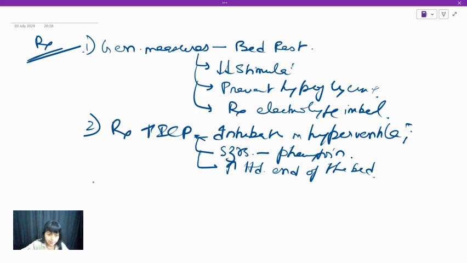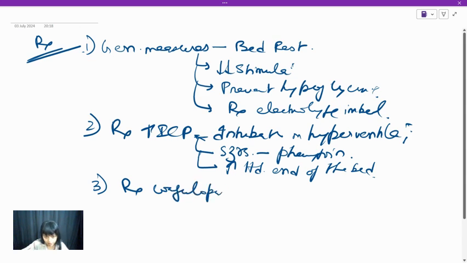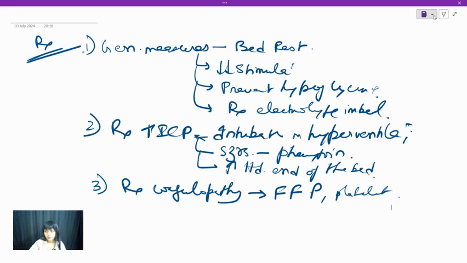Next thing is you need to treat the coagulopathy if present. Okay. How? Yes, you may administer FFP, that is fresh frozen plasma, and if there is severe bleeding, you may give platelets.